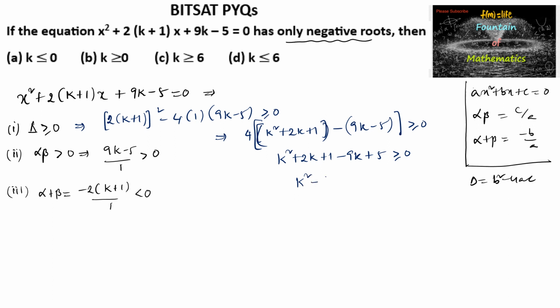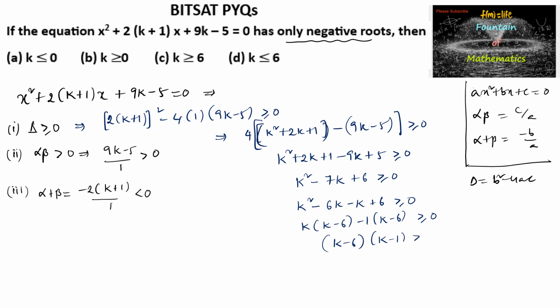So k square minus 7k plus 6 is greater than or equals to 0. By simplifying, we can write k square minus 6k minus k plus 6 is greater than or equals to 0. So k taken common, k minus 6, minus 1 taken common, k minus 6 is greater than or equals to 0. So (k minus 6) into (k minus 1) is greater than or equals to 0.